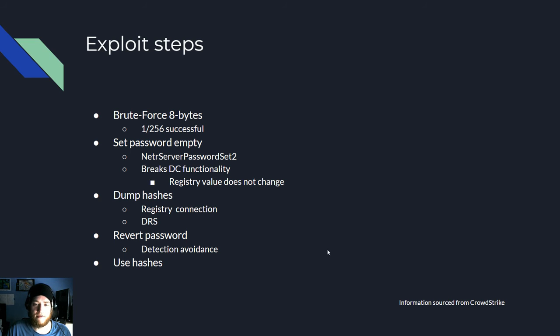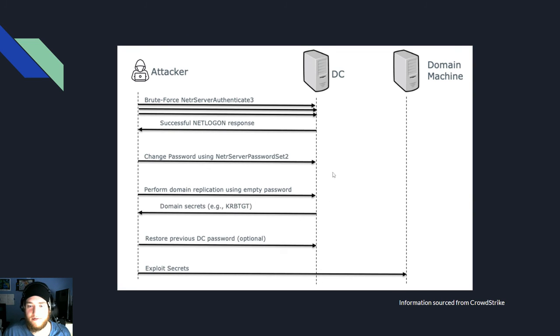And then I've got this nice little image that I've appropriated from CrowdStrike down here. Thank you, CrowdStrike. That just kind of walks through that process, right? So, our first thing we did was we brute forced that cryptographic exchange. And of course, because it's an unpatched system we were targeting, we got a successful response and we were able to change that password, right?